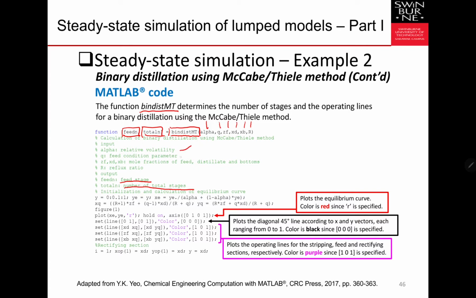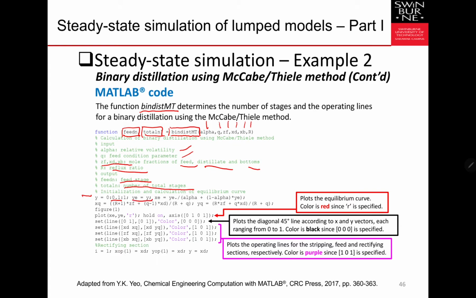Alpha is the relative volatility, q is the feed condition parameter, and zF, xD, xB are the mole fractions of feed, distillate, and bottom. R is the reflux ratio. In this line of code, basically it's creating a vector consisting of 0, 0.1, 0.2, 0.3, 0.4, so from 0 with an increment of 0.1.